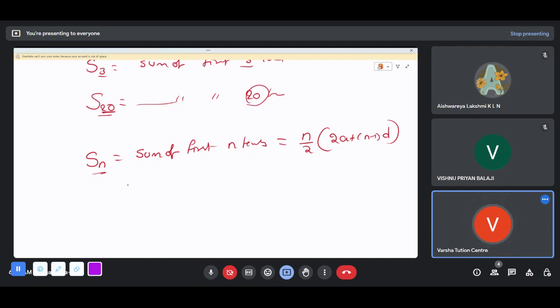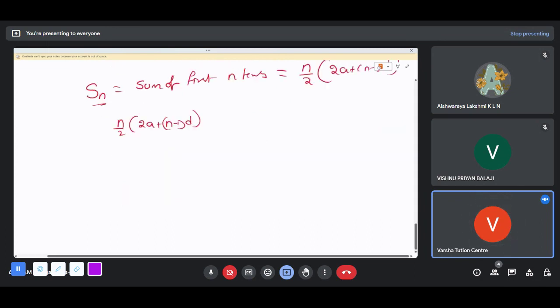What is the formula? n by 2, right? Tell me along with me. n by 2 into 2a plus n minus 1 into d. n by 2 into 2a plus n minus 1 into d. Is that clear? Understood?